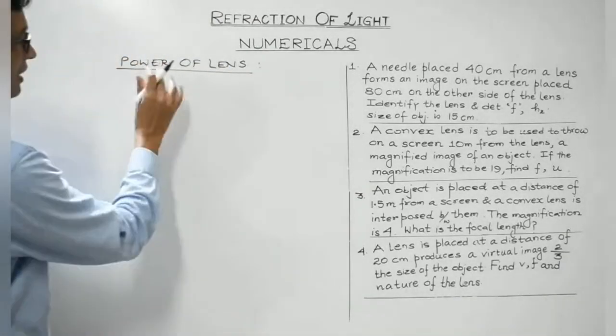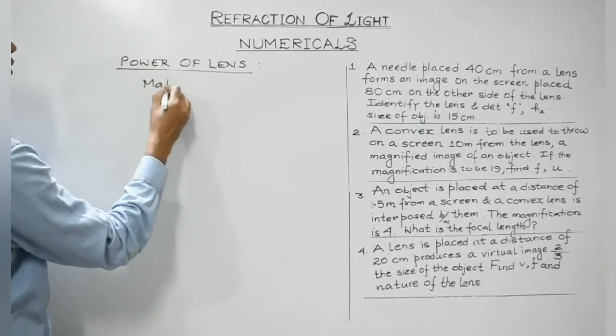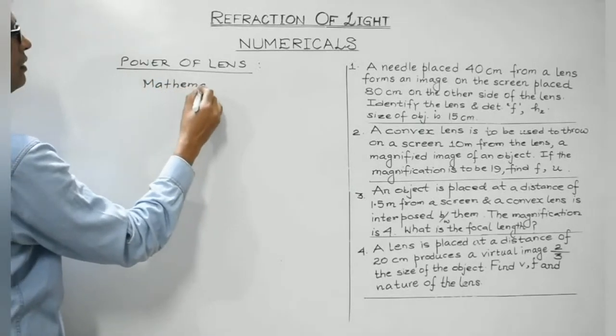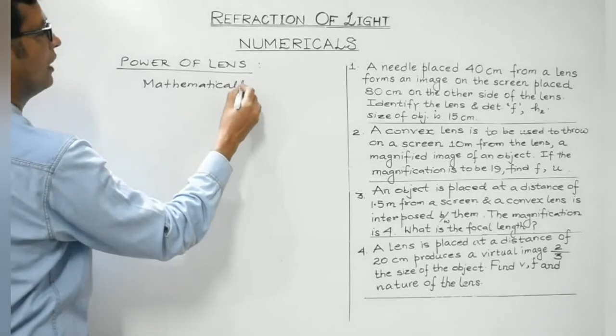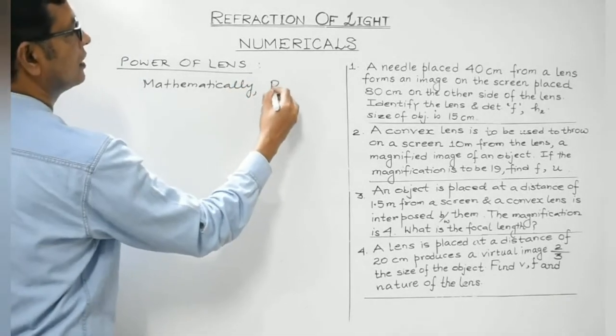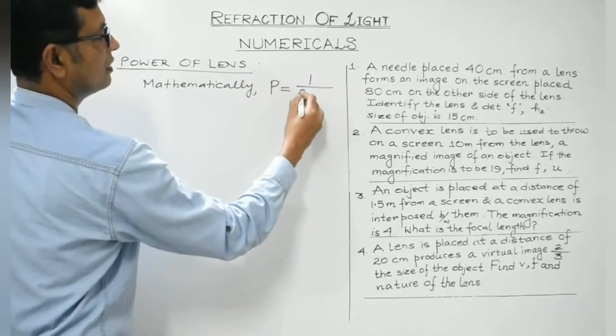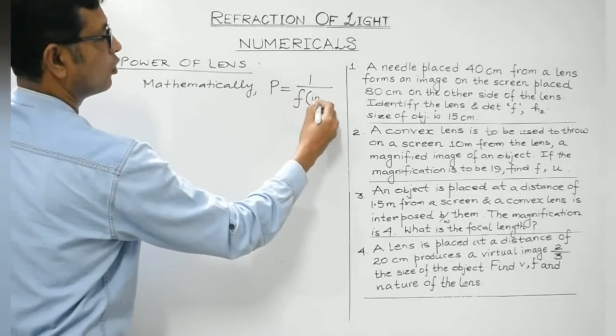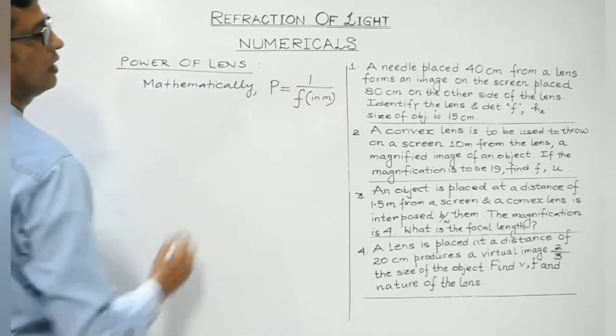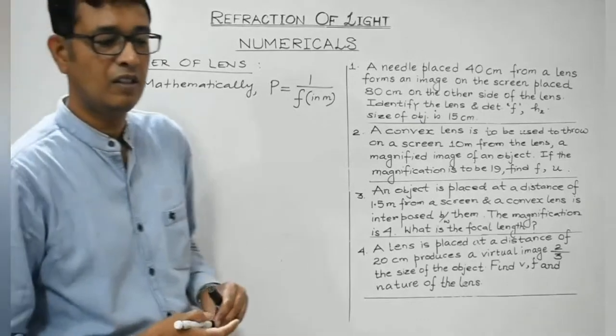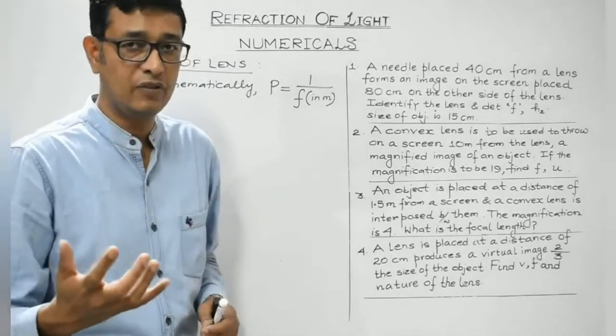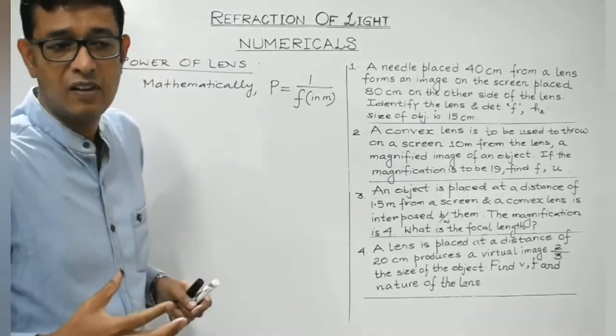And mathematically or quantitatively, it is defined as the reciprocal of the focal length, in meters. So again I repeat, a convex lens, you are aware, is of converging nature.